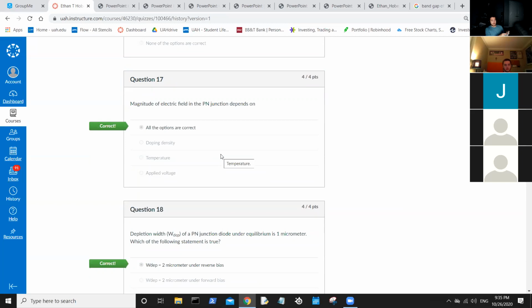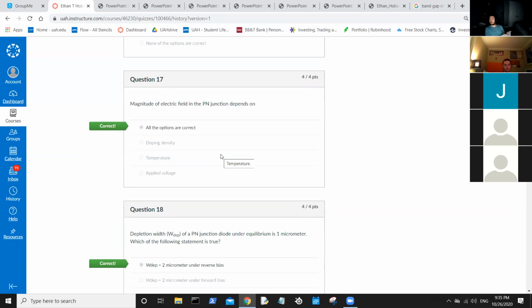NA and ND are present in both the depletion width formula and the built-in voltage formula, not to mention that the depletion width formula incorporates built-in voltage as a parameter. Therefore, anything that affects built-in voltage will affect the depletion region, which will ultimately affect the electric field. So we see NA and ND, your doping densities. We have two parameters so far: doping density and temperature.